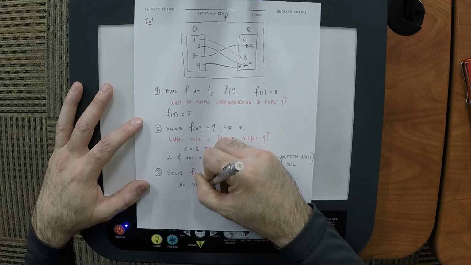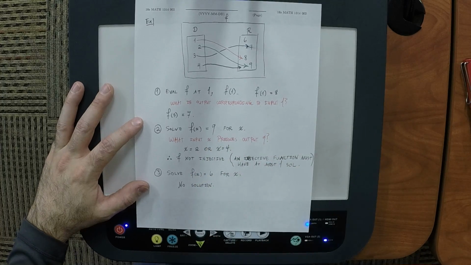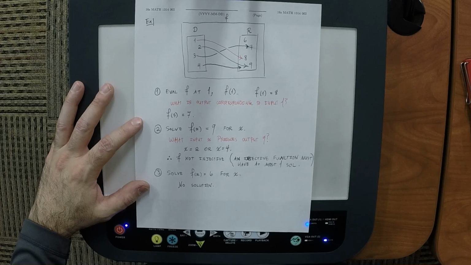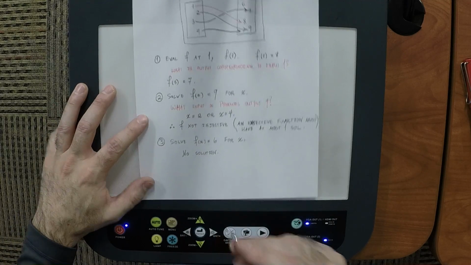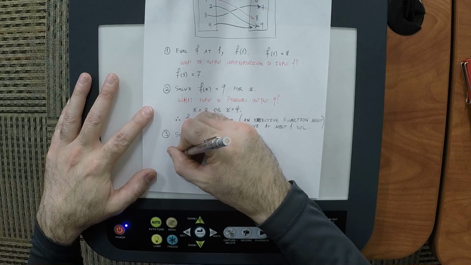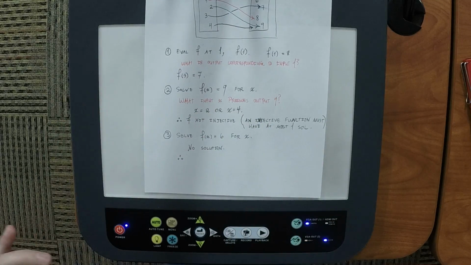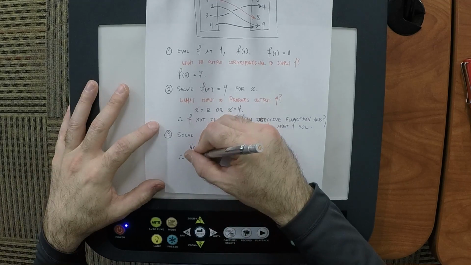Again, to make the vending machine analogy, it's asking, what button do you press so that you can get a 6? Well, there's not a button that you can press. As a result of just the stuff in item 3, what can we say about f, in particular, what it isn't? Now we can say it's not surjective.